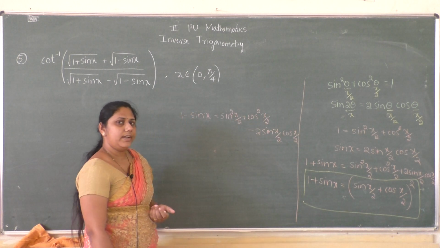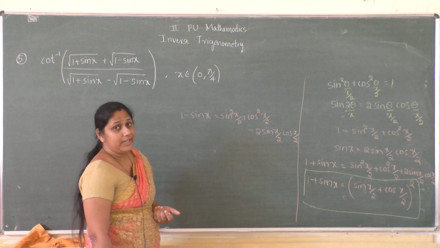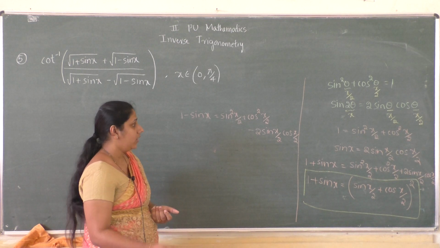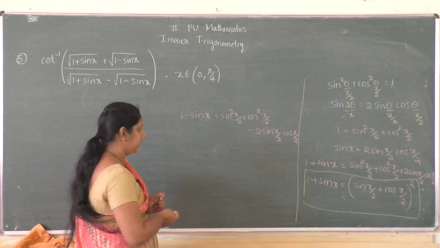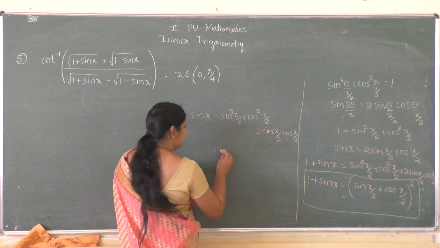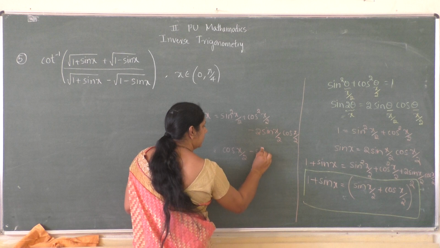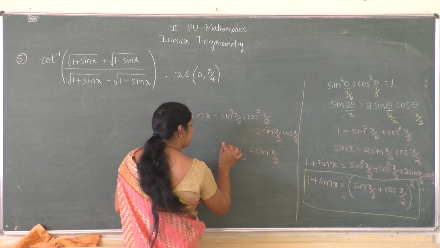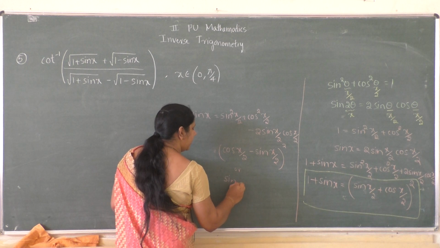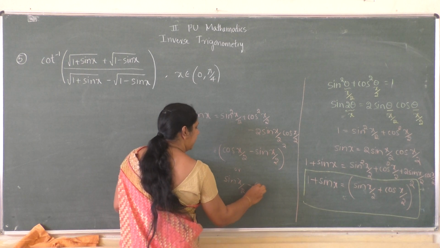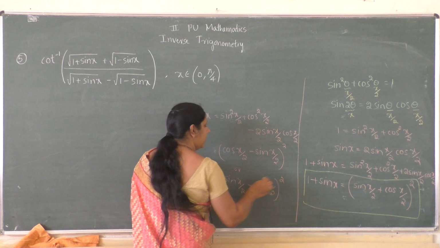So either you can write it as sin x by 2 minus cos x by 2 whole square, or cos x by 2 minus sin x by 2 whole square, right?